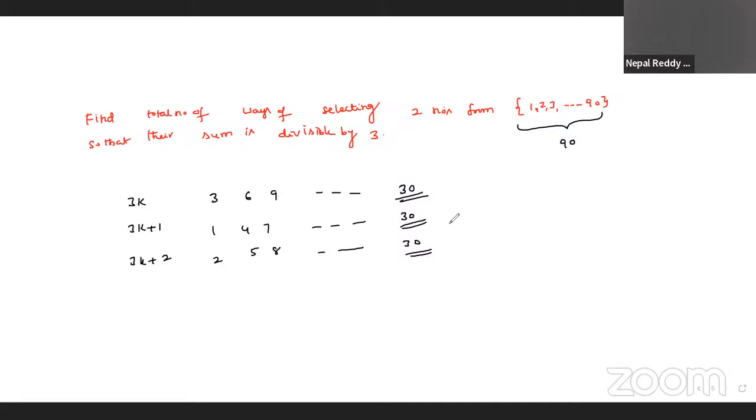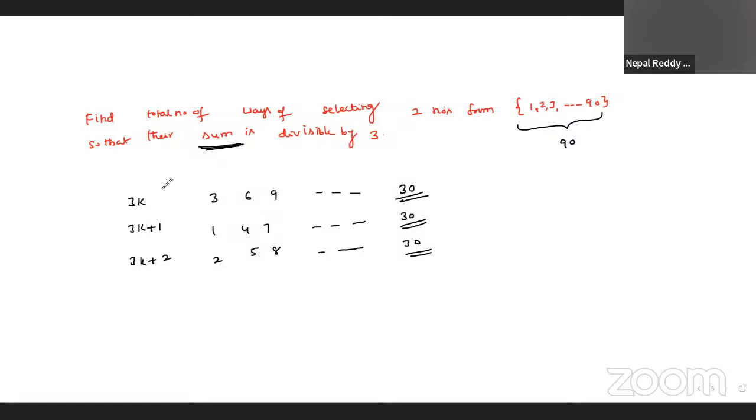That means the condition given is that the sum is divisible by 3. We must take 2 numbers whose sum must be divisible by 3. Find the number of ways of selecting 2 numbers.